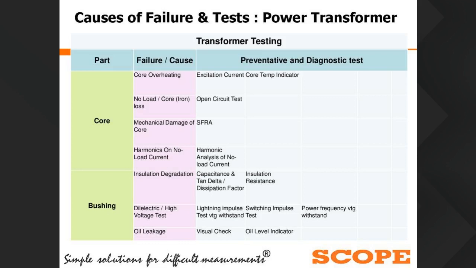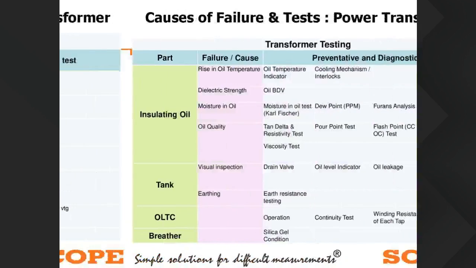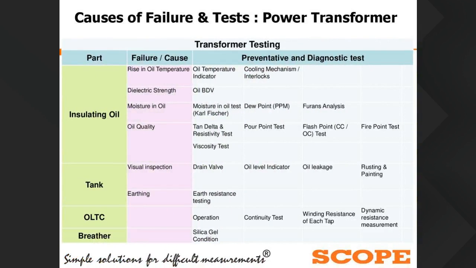Then oil leakage test, that is visual check, and an oil level indicator is there to check the oil leakage. For insulating oil, the reasons behind the failure are rise in oil temperature, dielectric strength, moisture in oil, and oil quality. With the help of the oil temperature indicator, we can find out whether there is a rise in oil temperature or not.